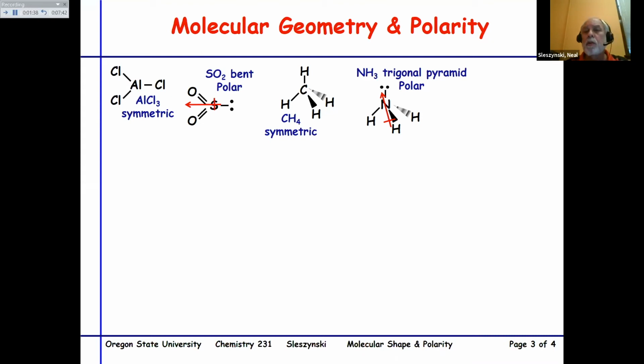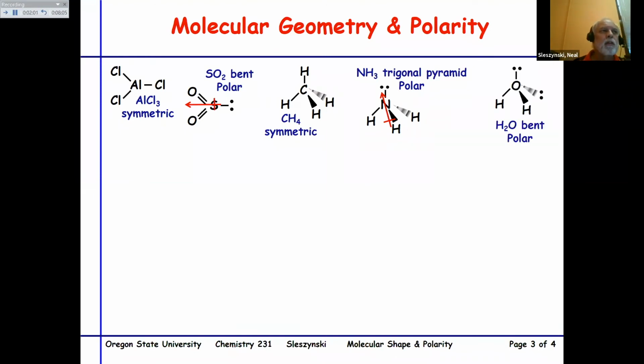In fact, this molecule is very polar. The center of the partial positive charges is the center of the triangle formed by the three hydrogens. And then my dipole points towards the negative pole, which is where the nitrogen is in this molecule. So this molecule has a net dipole and is polar.